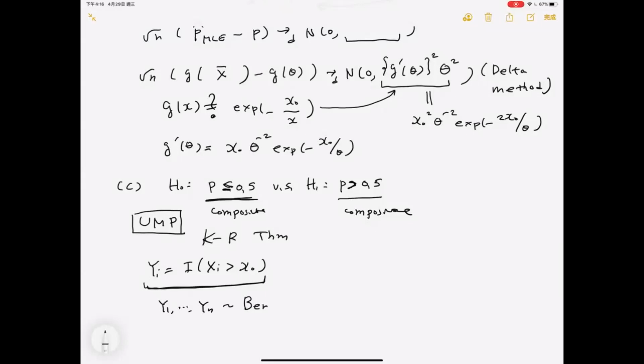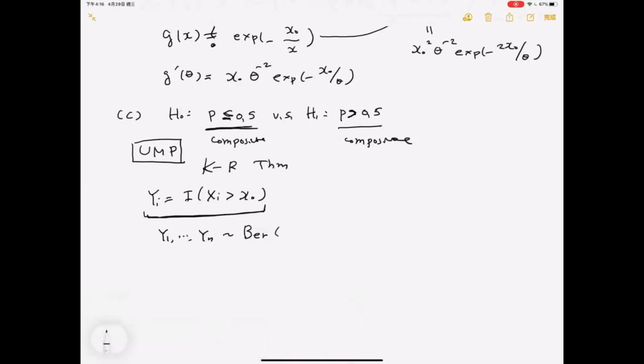The Bernoulli parameter P equals the probability that X1 is bigger than x0, exactly the survival function. Right? Good, like in B.